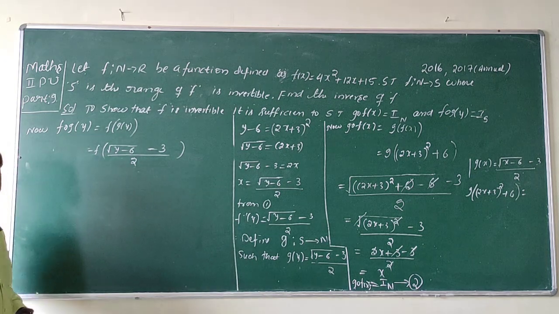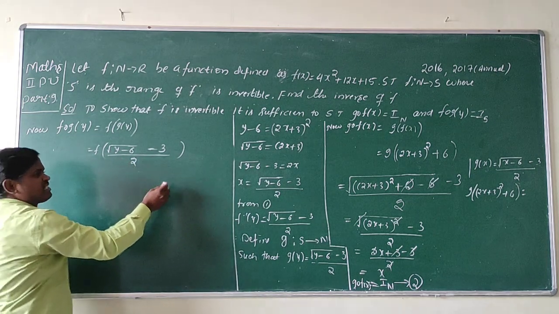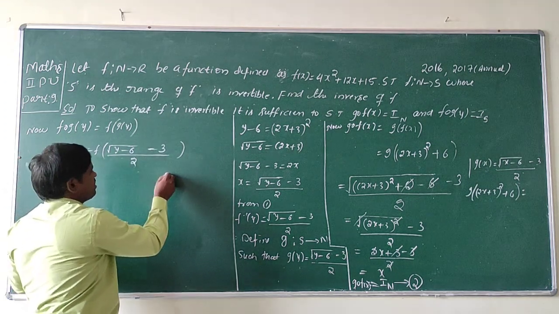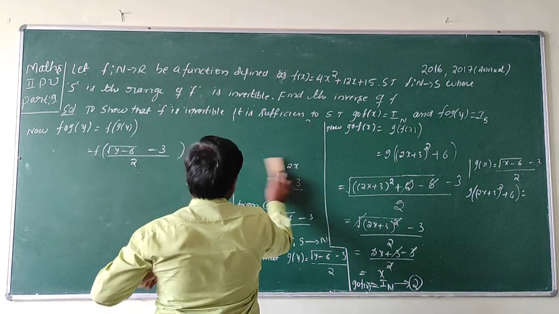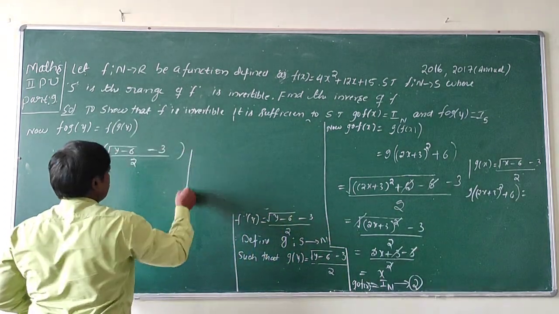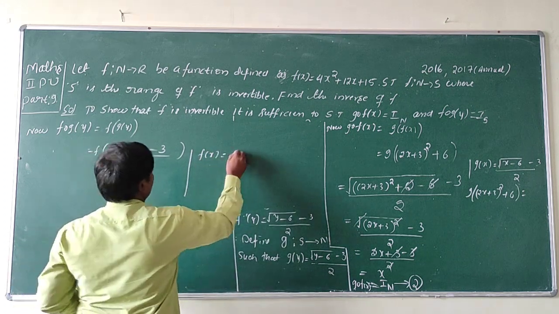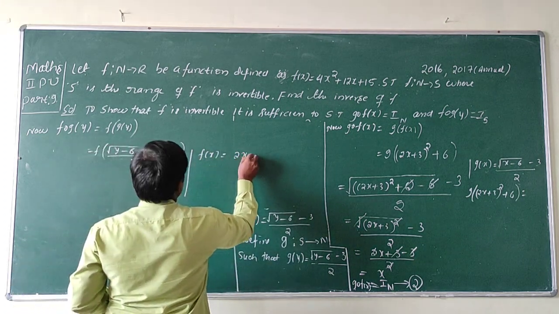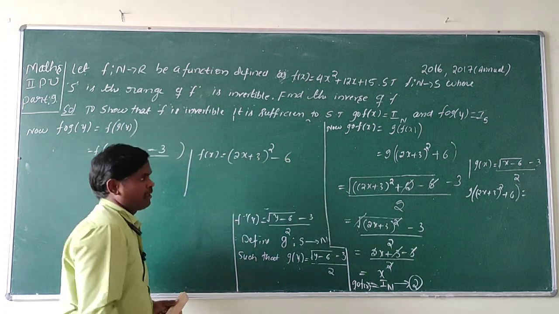Now observe. So this is f of x. So f of x is nothing but 2x plus 3 whole square minus 6 plus 6.